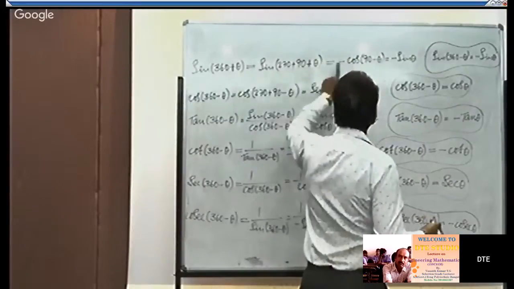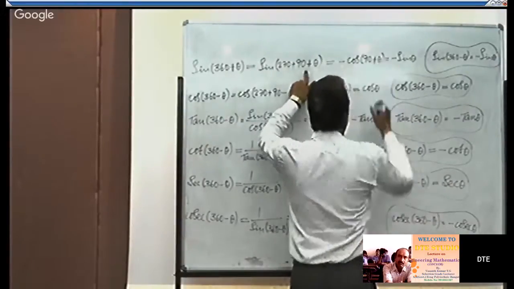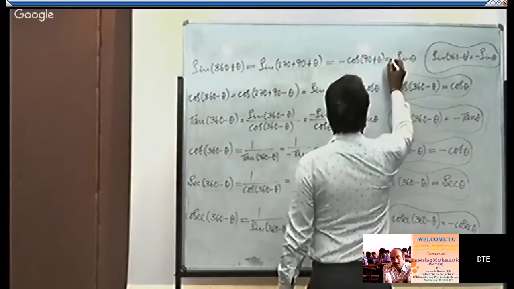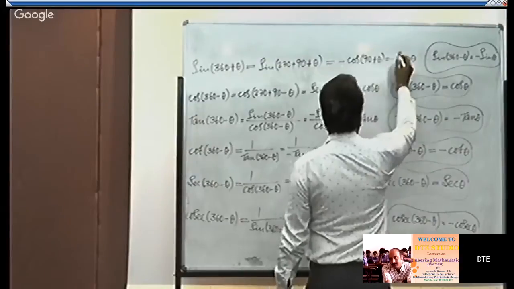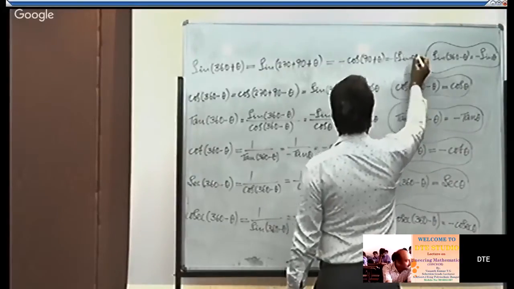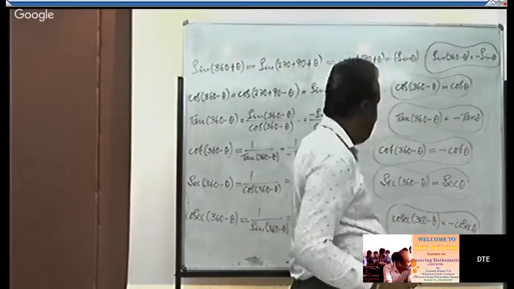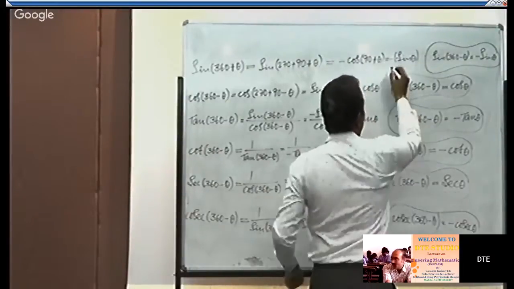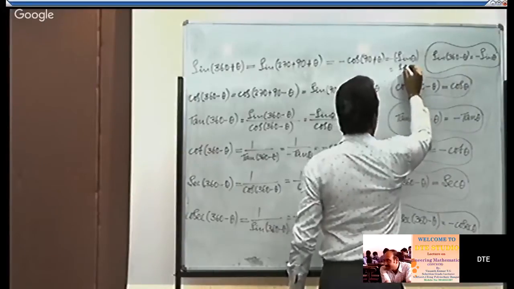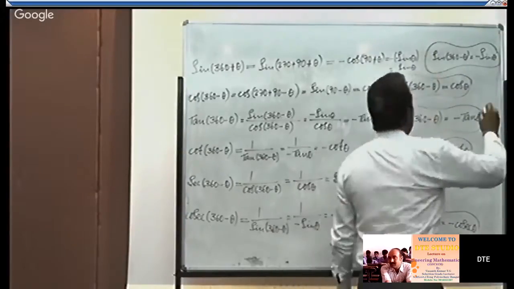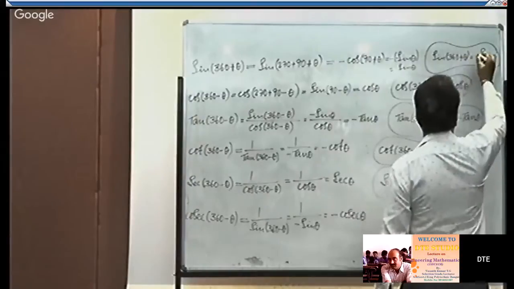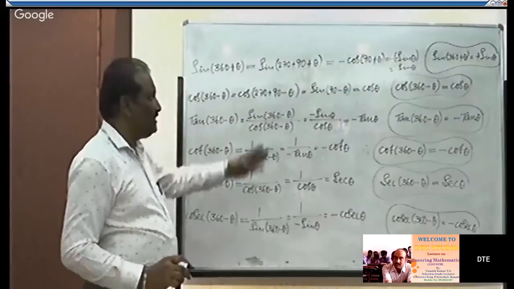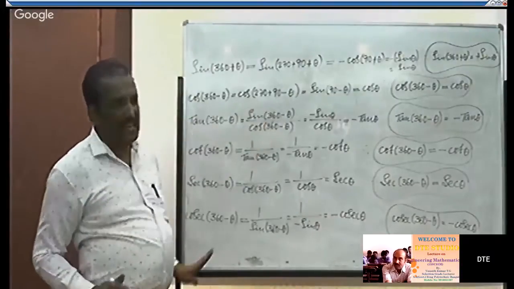In the place of theta, it is 90 plus theta. Cos of 90 plus theta is minus sine theta. Minus into minus is plus sine theta. Therefore, sine of 360 plus theta is equal to sine theta.